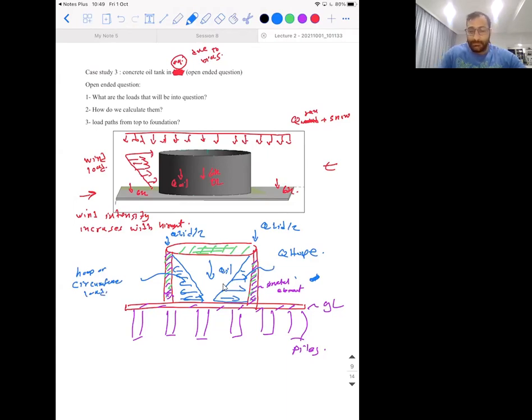Funny story: me and my colleagues during the master's course, we designed a similar structure to this, yeah? I borrowed this from that, and we designed for everything under the sun, yet we forgot to include the hoop pressure into consideration.